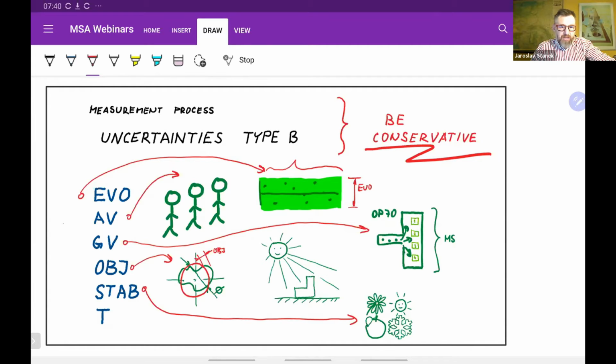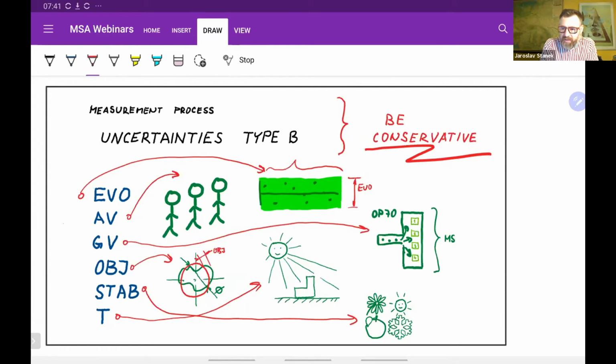And the last one mentioned here is the temperature. What would be the difference in the dimension measured if we change the temperature? The temperature is perhaps the one which we can estimate analytically, because we very often know the thermal expansion of the part which is being measured.